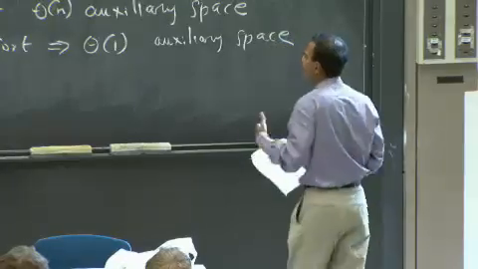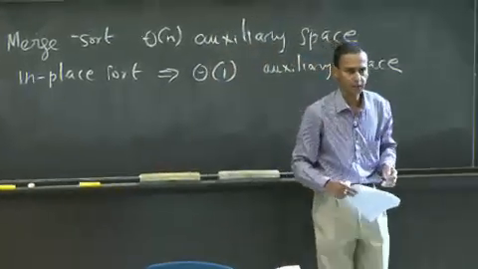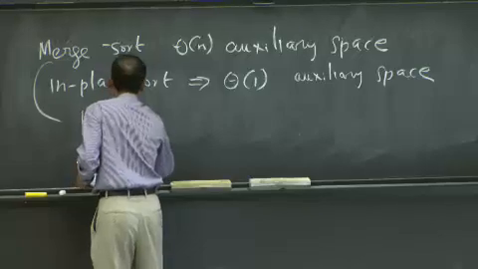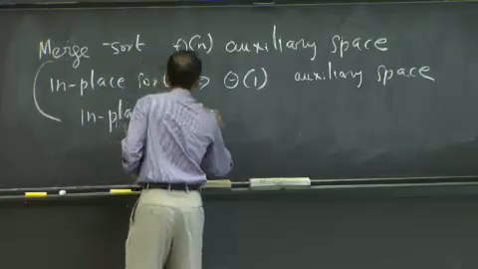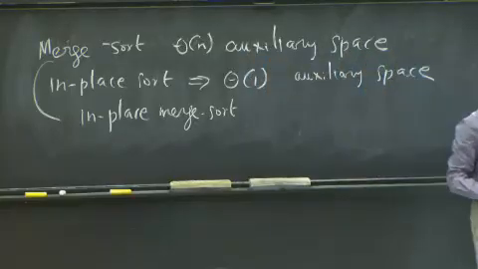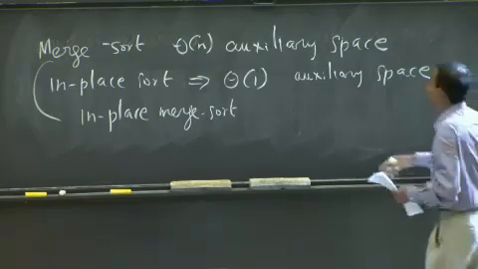Now, it turns out that you can actually go further, and there's a fairly sophisticated algorithm that's beyond the scope of 6006. That's an in-place merge sort. This in-place merge sort is kind of impractical in the sense that it doesn't do very well in terms of the constant factor.